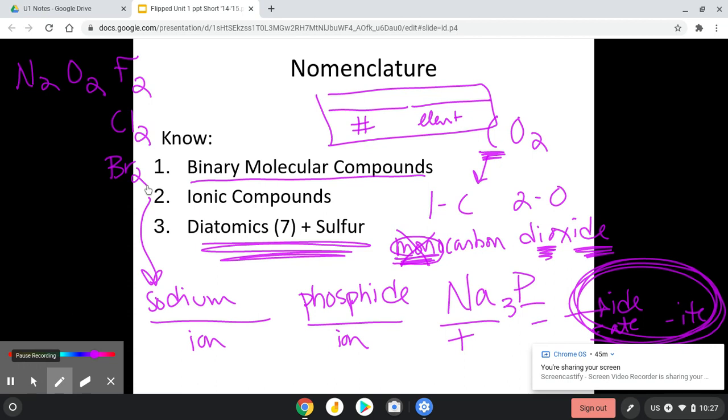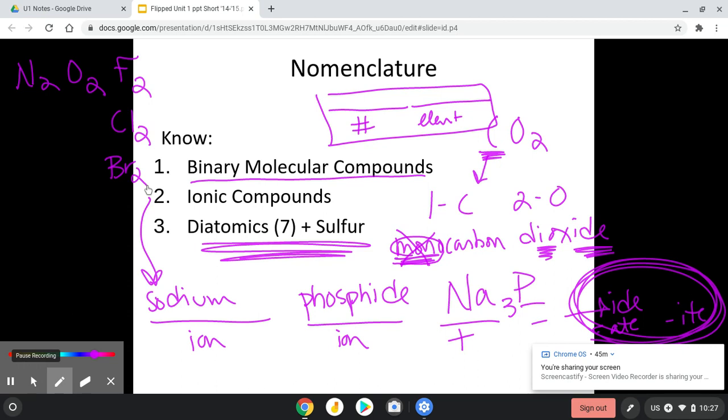Last thing before we go, diatomics. So remember, there are 7 elements that in their elemental form exist as diatomic, so 2 atoms. Those 7 are going to be nitrogen, oxygen, fluorine, chlorine, bromine, and iodine.